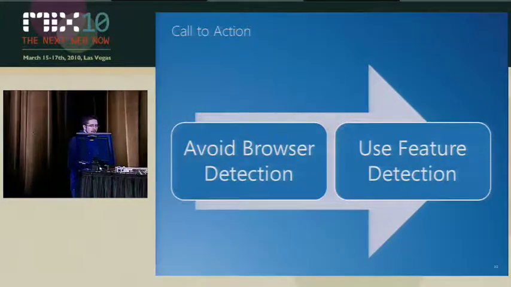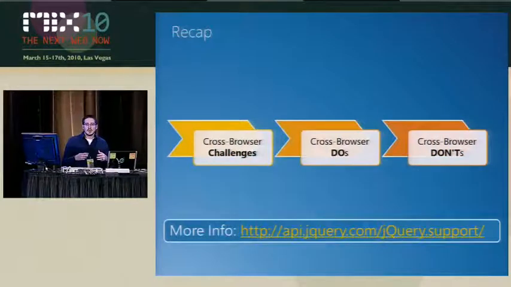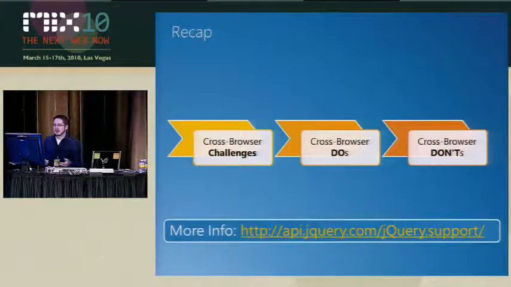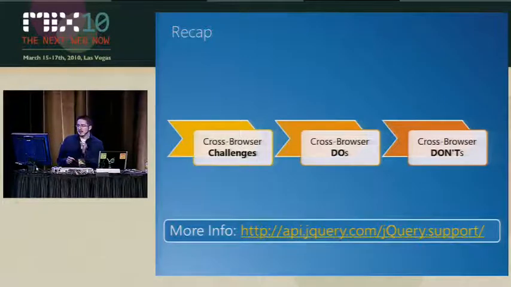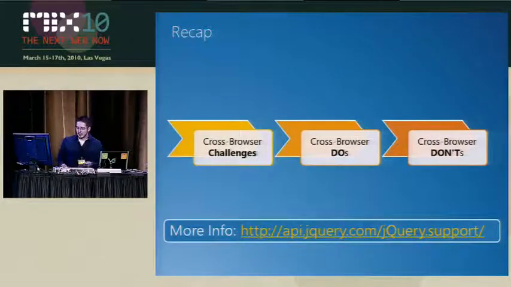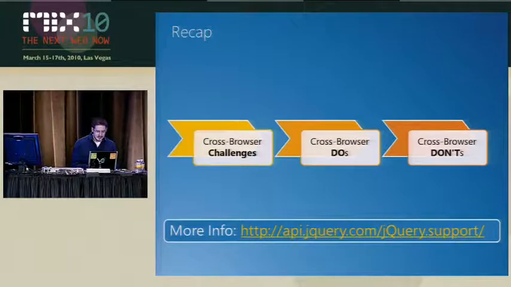Now, I want to reiterate that I've walked through a number of the cross-browser challenges, set up some of the do's, and walked through some of the don'ts. But I want to show you a little bit where you can get a little bit more info. So I'm going to go ahead and pull up the jQuery site here. And we'll do api.jQuery.